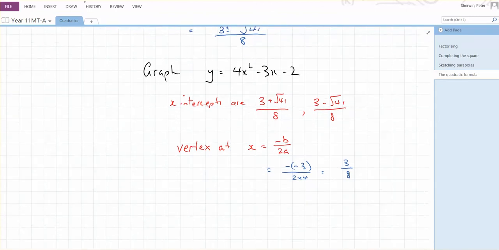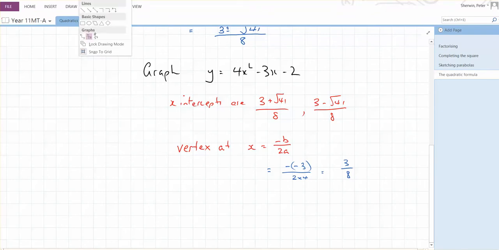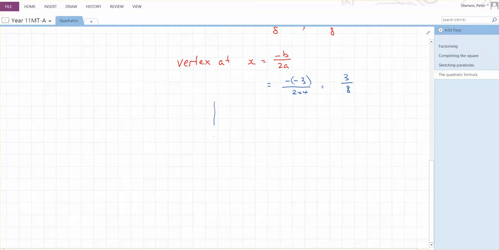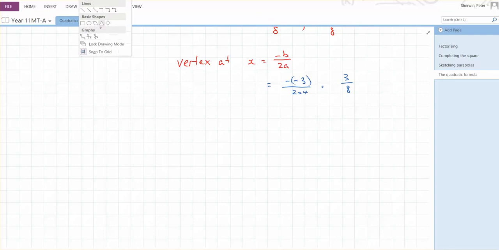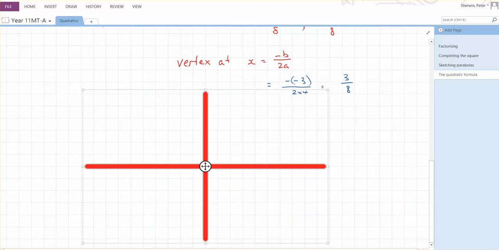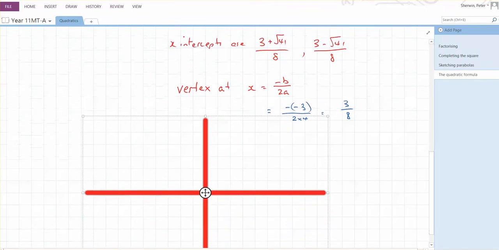Okay, so the last task now is to graph the quadratic, graph the parabola. Let's try that again, trying to activate the XY plane. Okay, and now to sketch this out, we will look at our x-intercepts.